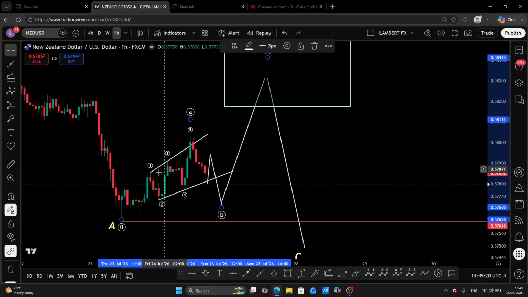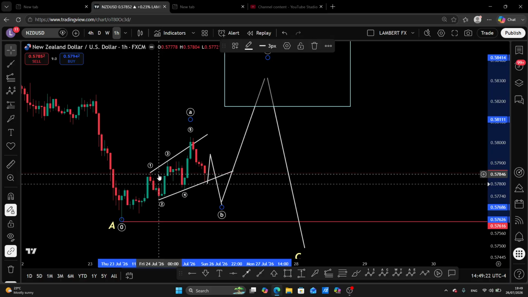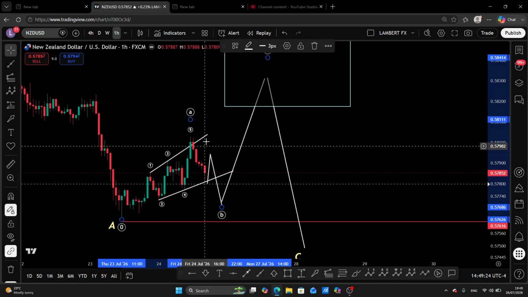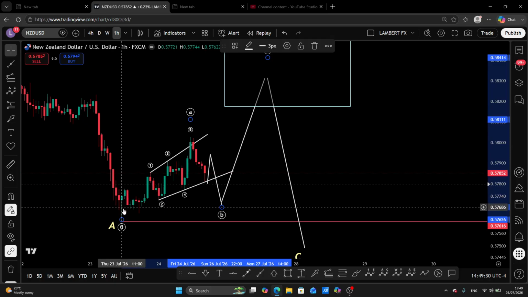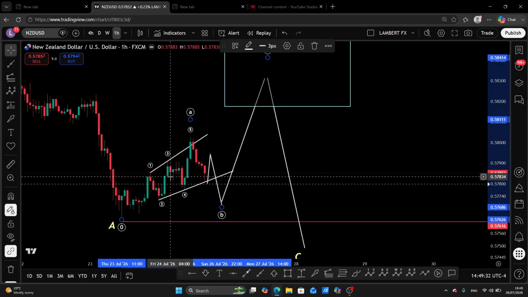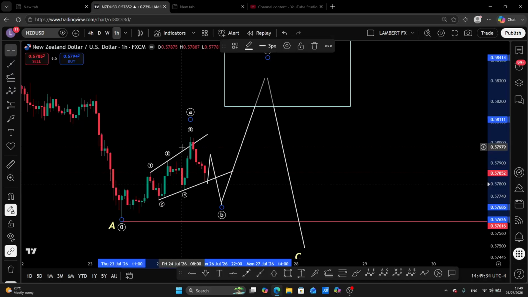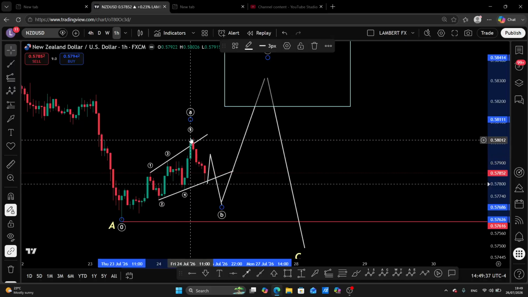A leading diagonal can only be found in leg 1 of an impulsive move or leg A of a corrective pattern, especially in a zigzag. Remember, we had a 5 leg down, so this is an impulse. Sorry, a diagonal for A, so it's in a good place where it's supposed to be.